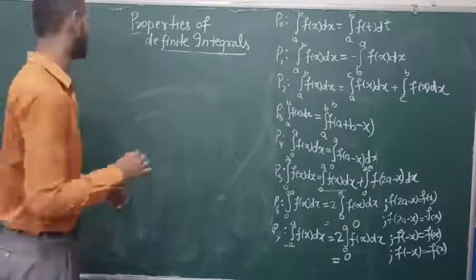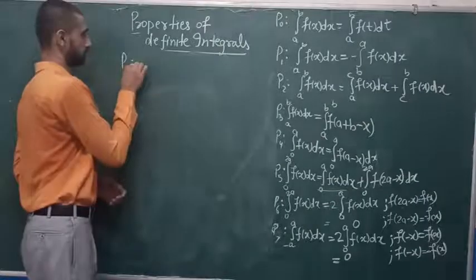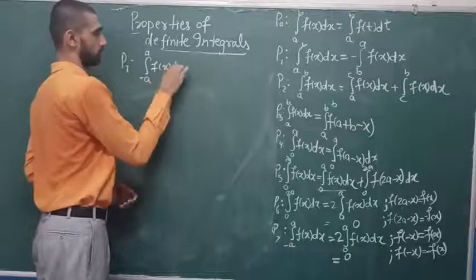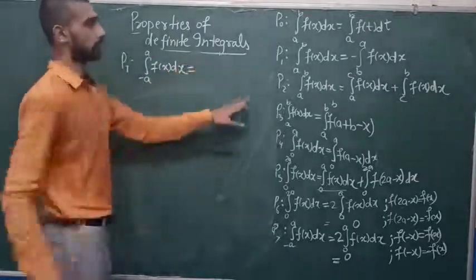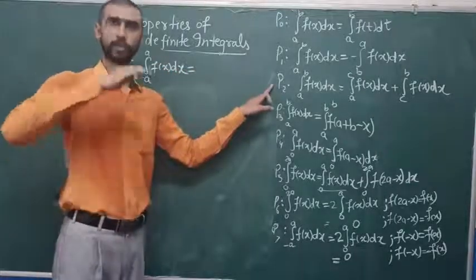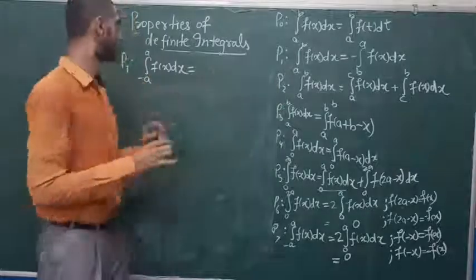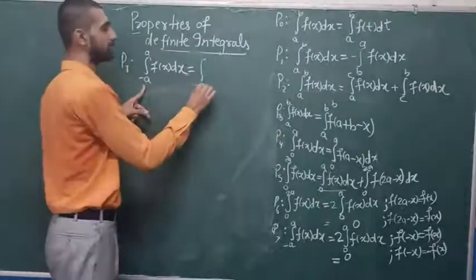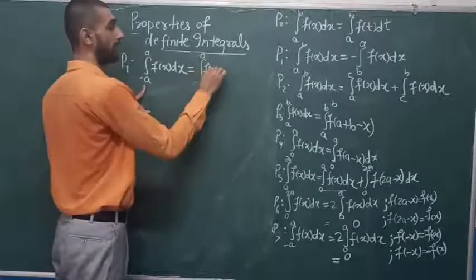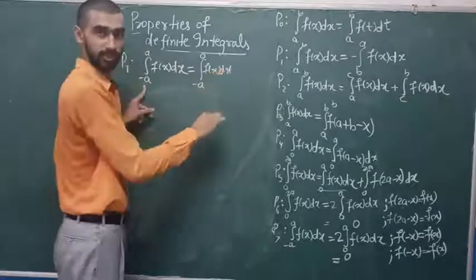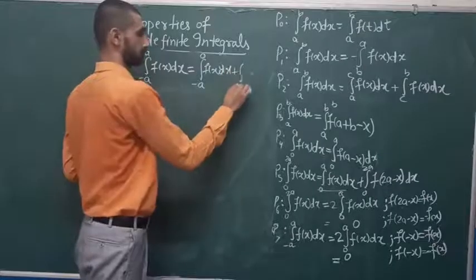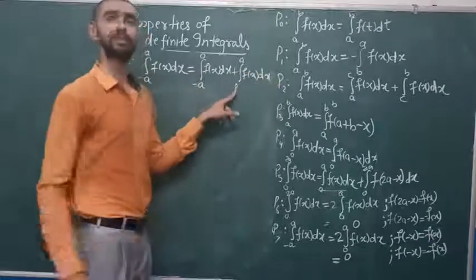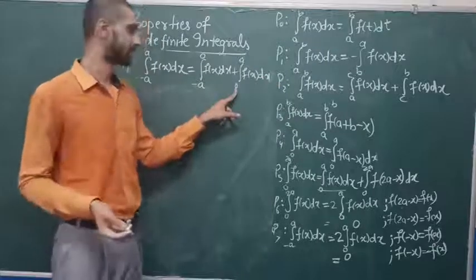Let's start with LHS. From this, integral from minus a to a, I will distribute it like this. Minus a to a means minus a to 0 f(x) dx plus 0 to a f(x) dx.